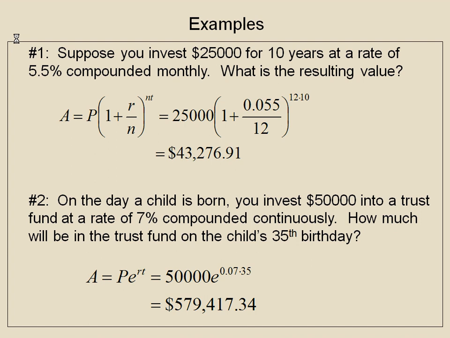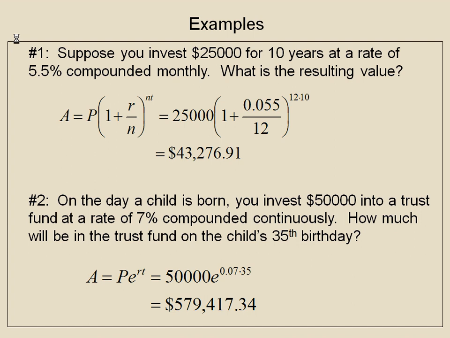So we have A equals P times E raised to the RT. My initial investment, P, is $50,000 times E, and I'm going to raise E to RT. The R in this case is 0.07 as a decimal times T, which is 35 years.